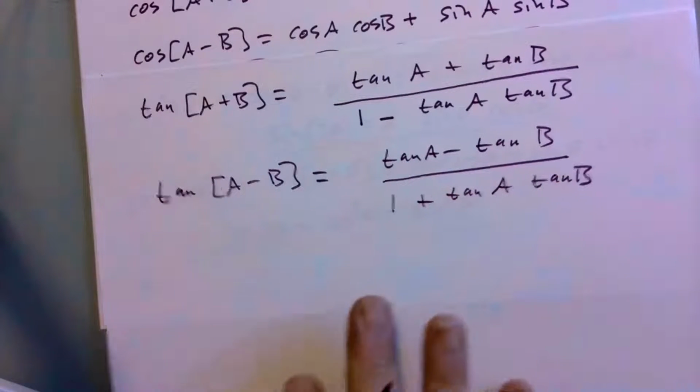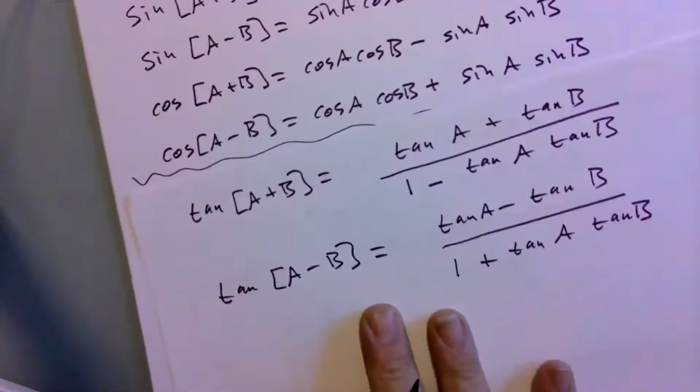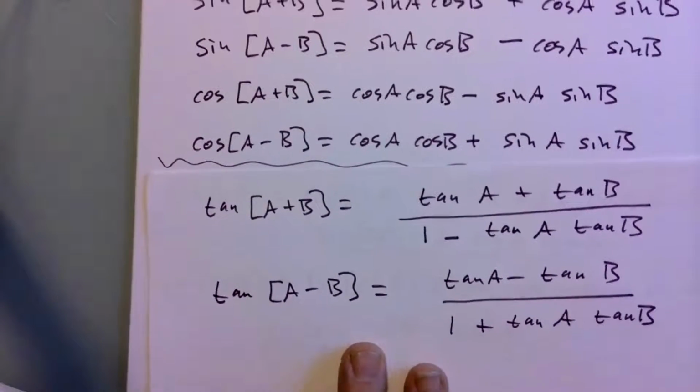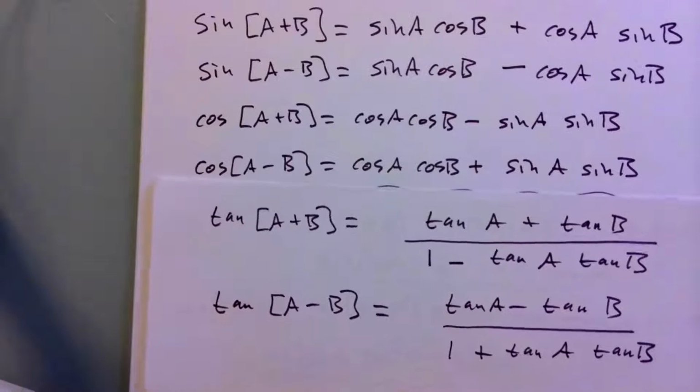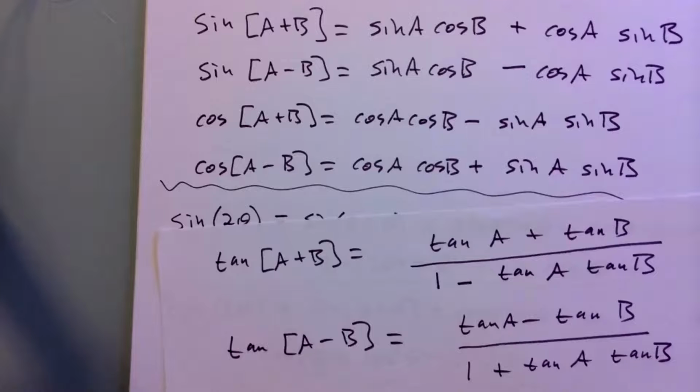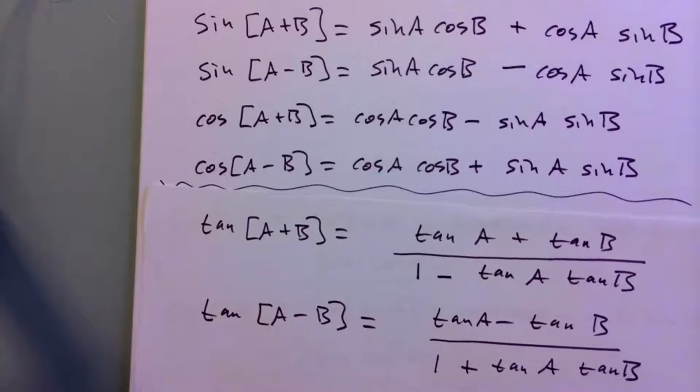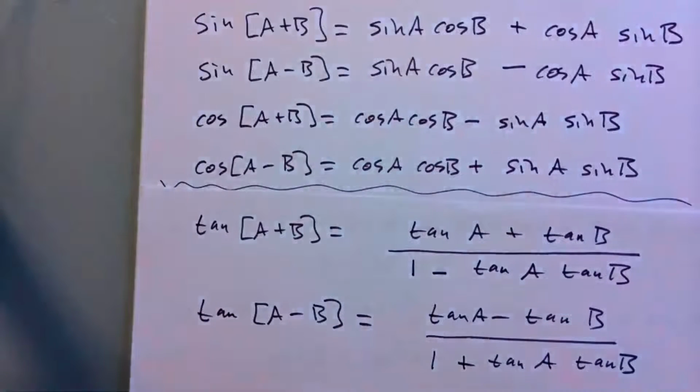Now, generally speaking, I'm not going to make you memorize those 6 forms. We'll give those to you on the exam. But again, once we get ourselves to calculus, I think it's a good idea to at least have these first 4 down, because that does come in handy.